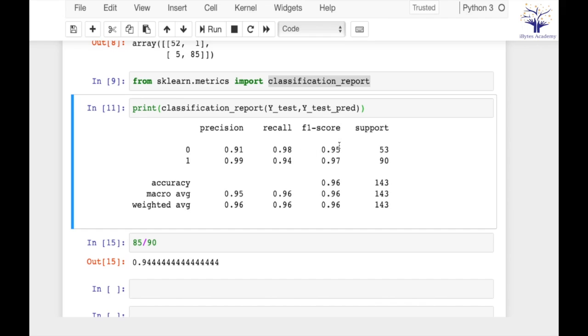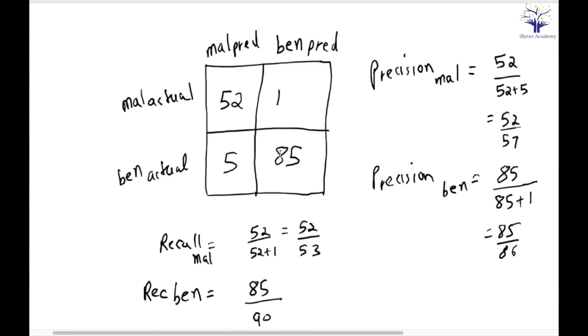And I have another thing, that is the F1 score. The F1 score is basically just the harmonic mean of precision and recall, right? So I'm sure you know what harmonic mean is. If I have two numbers, let's say x and y, and I have to calculate their harmonic mean h, then 1 by h is equal to (1 by x plus 1 by y) by 2, right?